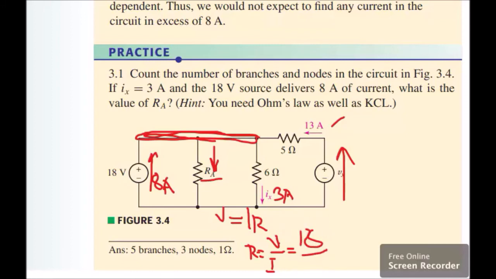Oh my God. Sorry. This is just 18 divided by I na na-solve na natin. Kung ano yung na-solve mo, and then you get the R. Whatever the value na-solve mo, then you'll get your R, which should probably be 1 ohm. Okay? So, I hope easy lang to sa inyo.